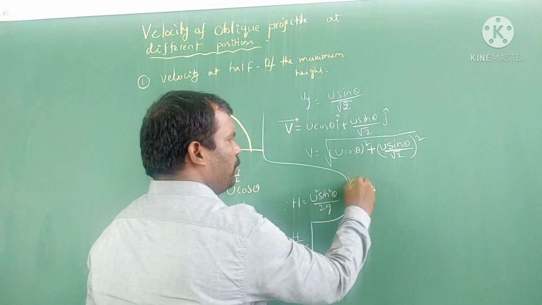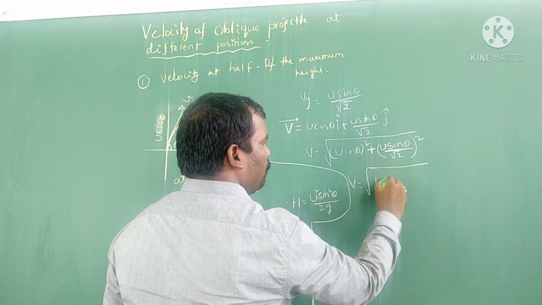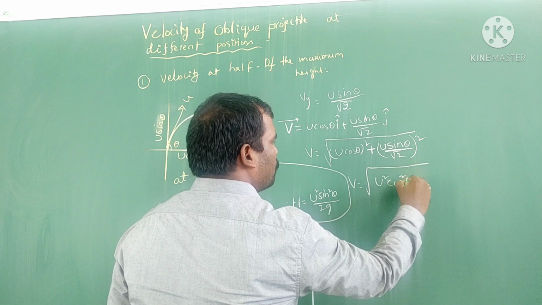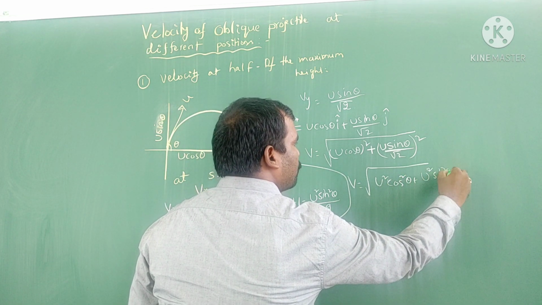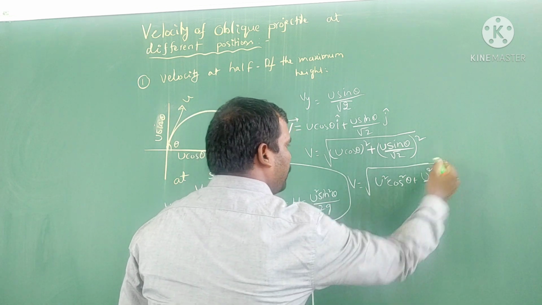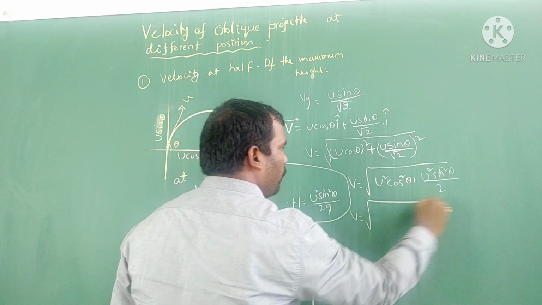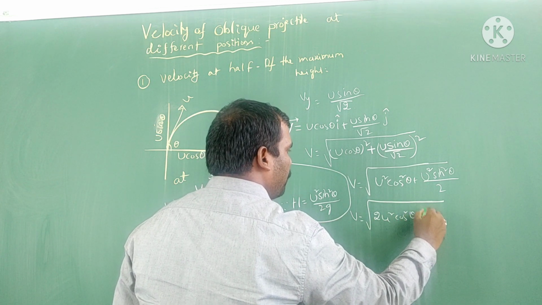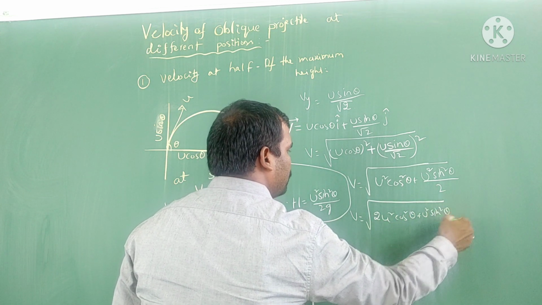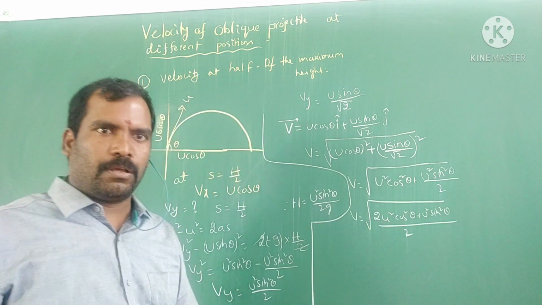From here, v is equal to root over u square cos square theta plus u square sin square theta by 2. If you take LCM, v is equal to root over 2u square cos square theta plus u square sin square theta, all by 2.